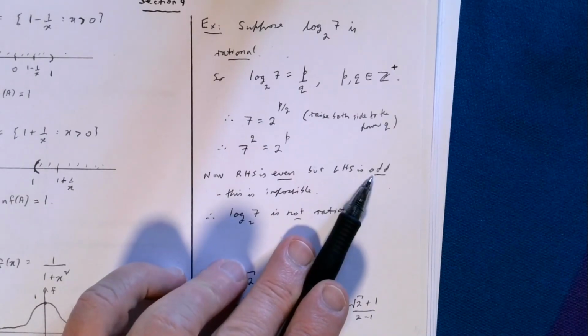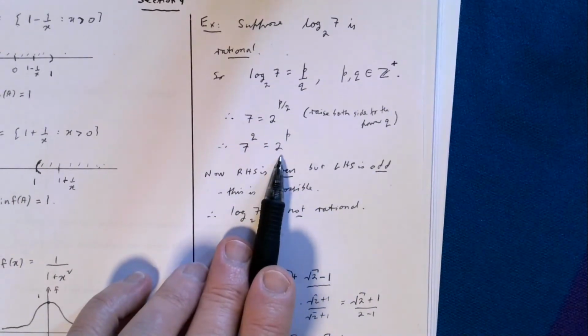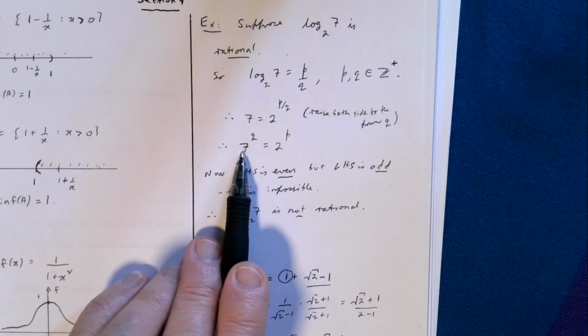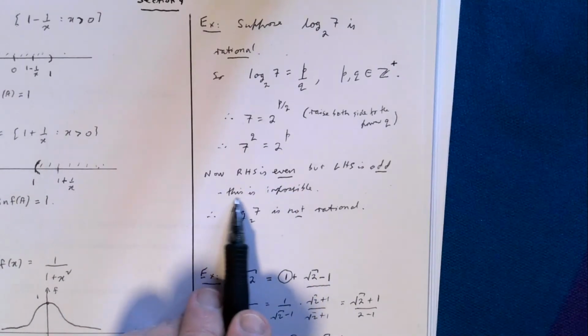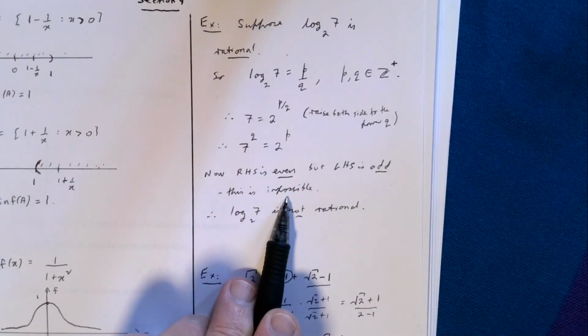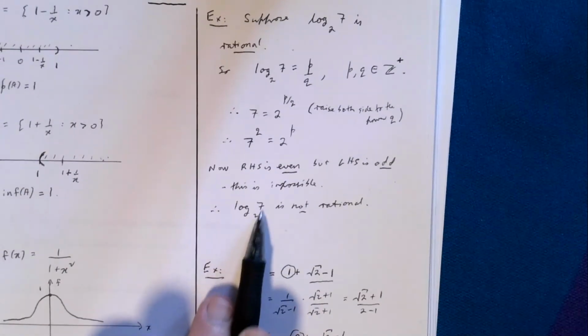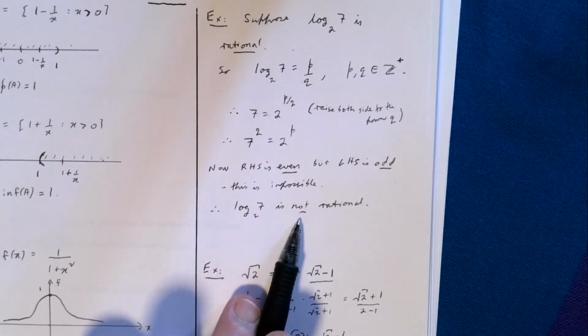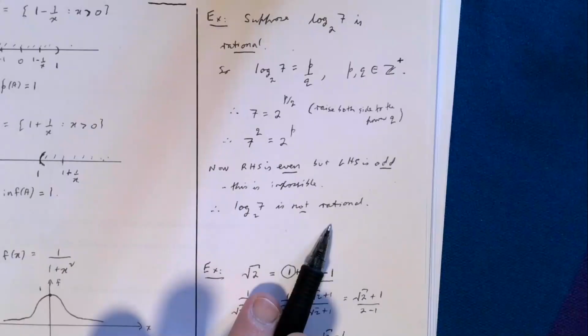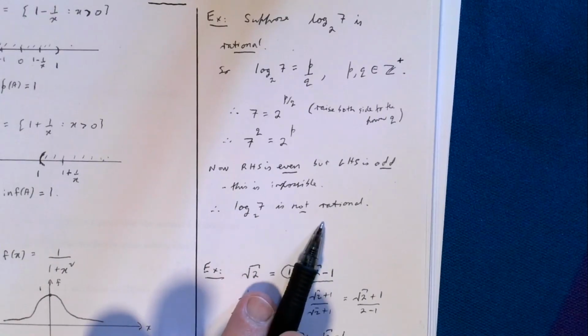So now I'm in the crazy situation where I've got a number which is even, but it's also odd. Well, there's no such thing. So this is impossible. This is a contradiction, and therefore log of 7 to the base 2 is in fact not a rational number. And that will be the end for this recording.